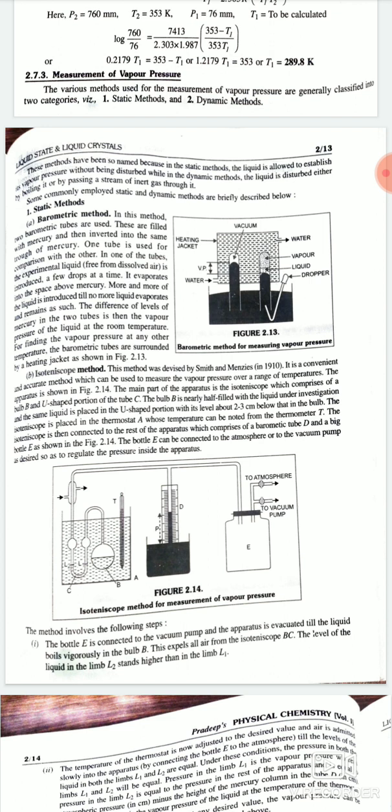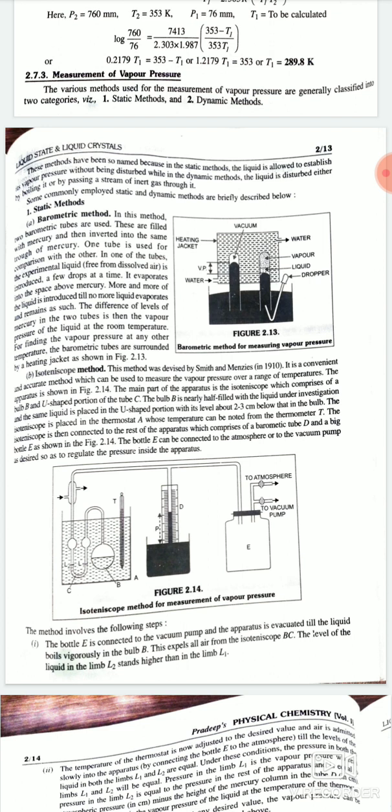It evaporates into the space above the mercury. More and more of the liquid is introduced till no more liquid evaporates and remains as such. The difference of levels of mercury in the two tubes is then the vapor pressure of the liquid at room temperature. For finding the vapor pressure at any other temperature, the barometric tubes are surrounded by a heating jacket.